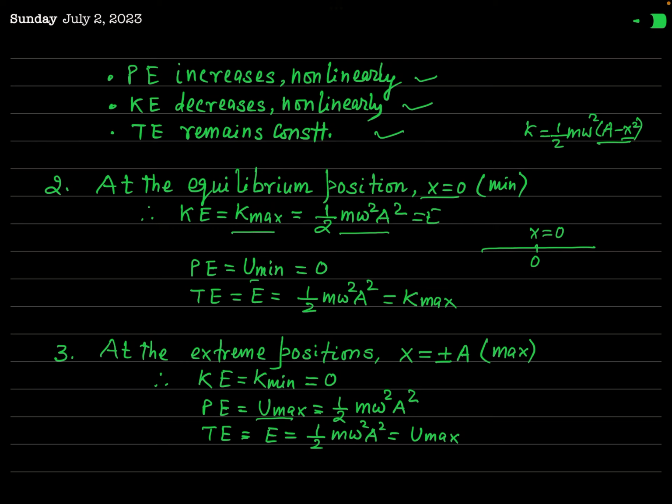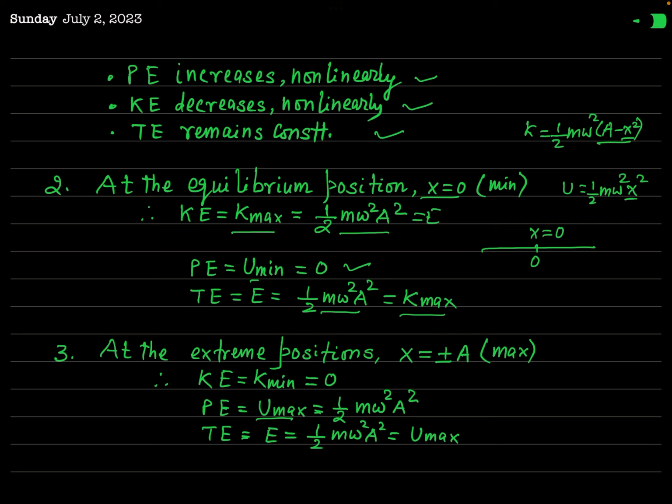And potential energy, as you have seen, is U equal to half m omega square x square. So when you put x equal to 0, this potential energy will be 0, and it is the minimum value of the potential energy. But total energy will remain the same because it does not depend on x, so total energy E is half m omega square a square, and it is equal to the maximum value of kinetic energy.